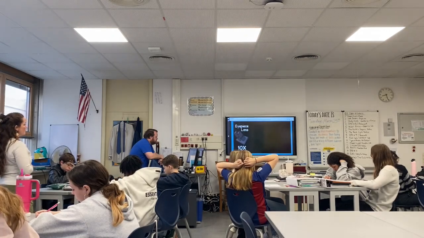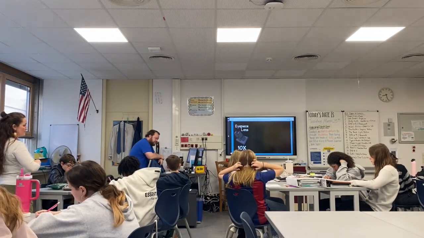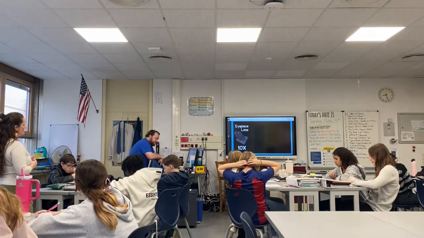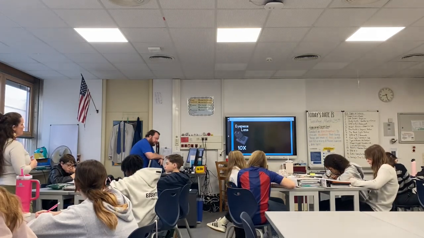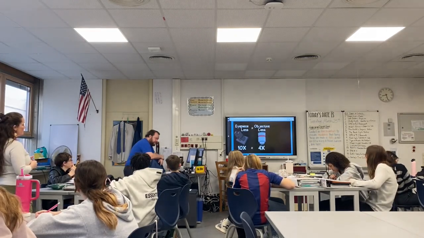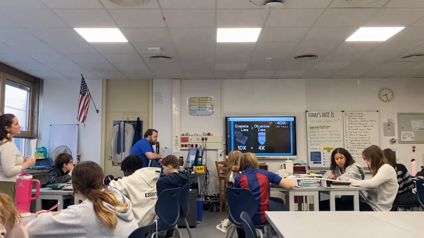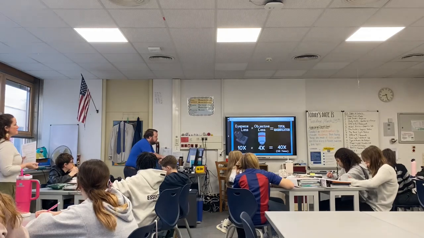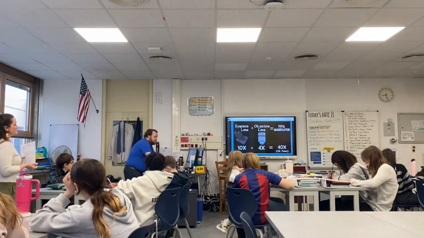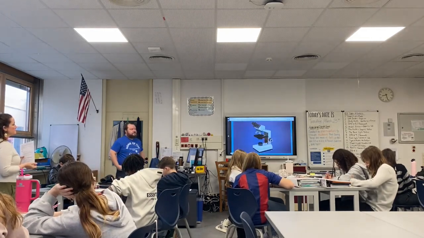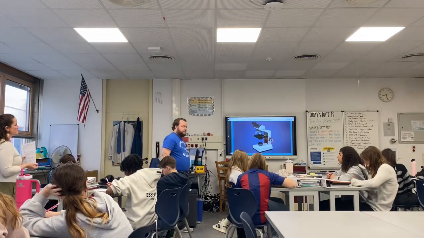But don't forget the eyepiece lens, because that also magnifies images. And my particular eyepiece lens magnifies 10 times. So let's say I used the scanning objective lens. I would multiply that objective lens magnification level by the eyepiece lens magnification level so that my total magnification is 40 times.